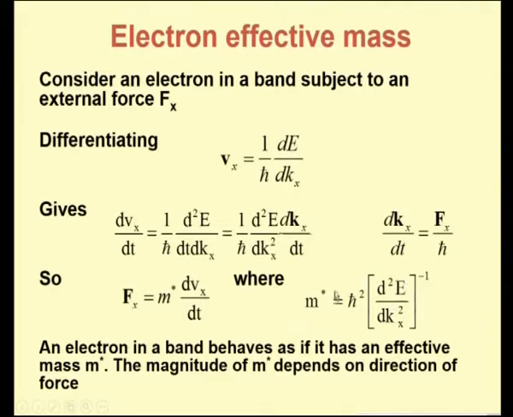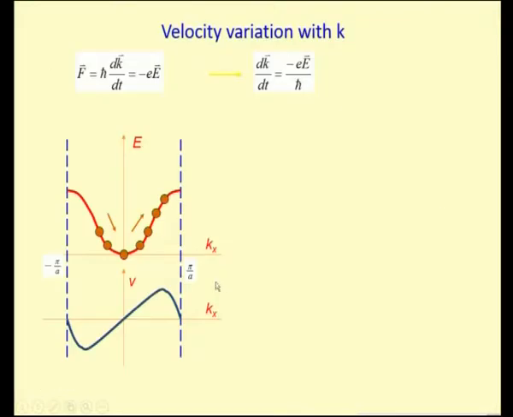This mass quantity is not the rest mass of the particle, but it is a mass when the particle is in motion or driven by an external force, and this mass is different from the rest mass, because the mass represented here as m star is the effective mass. This is termed the effective mass or conceptual mass, and its variation is depicted over here.